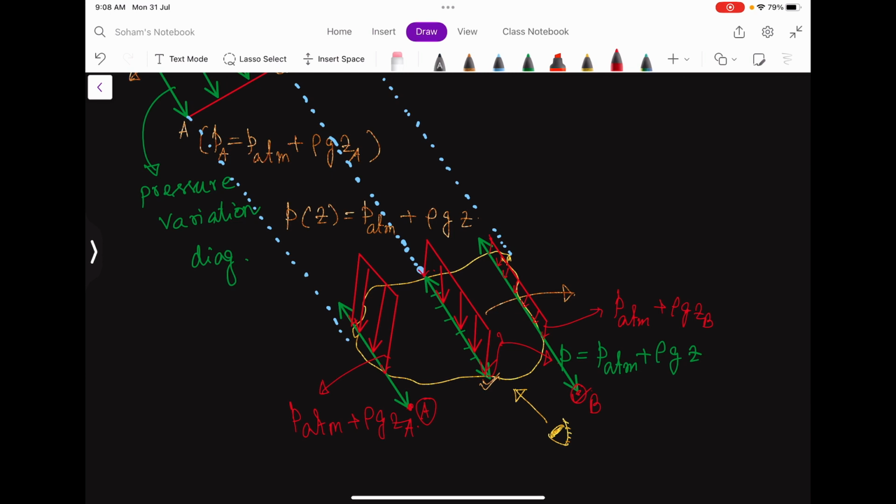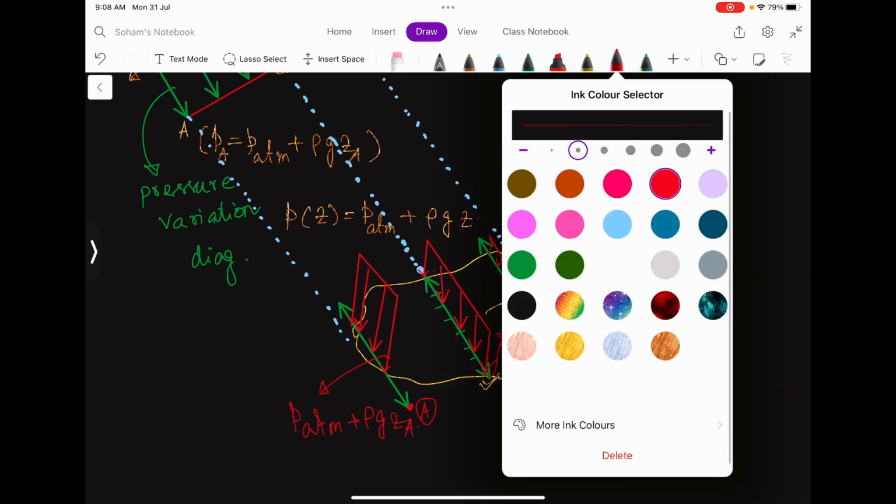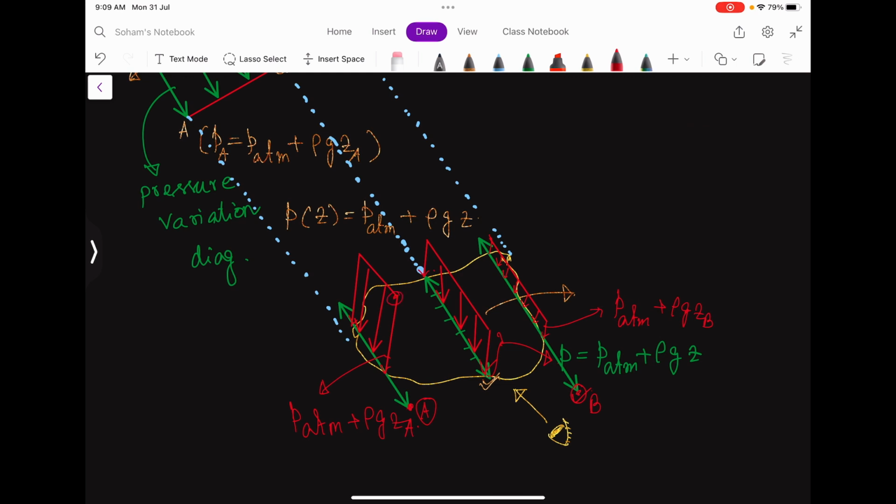Now if I join all this, this is not looking like a linear variation. I have to join this point and this point, and ideally they should be joined by a straight line because the variation is linear. So let me just join like this, this point and this point.